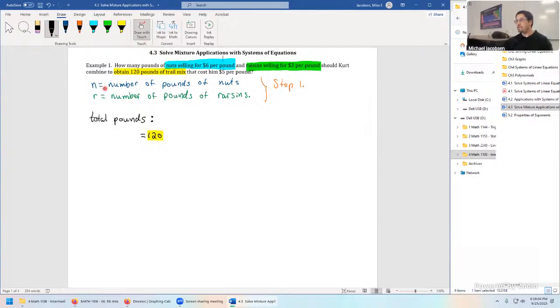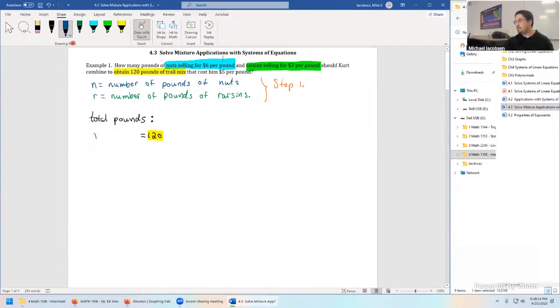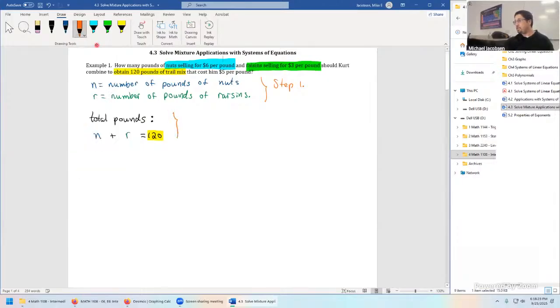And the way we get there is, well, N is the number of pounds for the nuts, R is the number of pounds for the raisins. So we're literally just going to add those two variables together. It'll be N plus R. So we could consider this step 2.